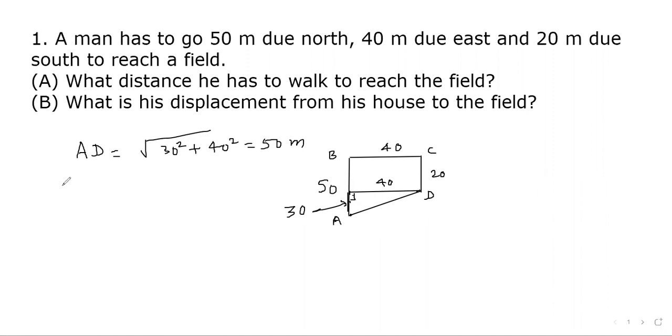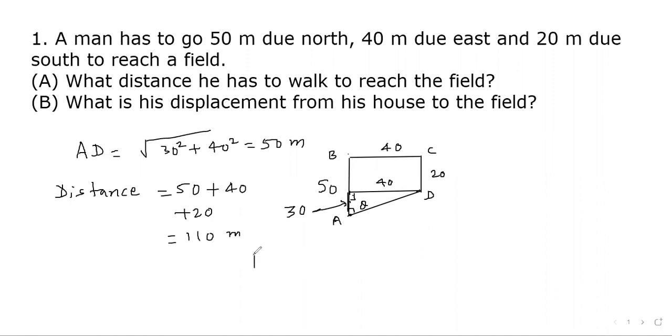And as far as distance is concerned, distance is the sum of the path covered. A to B is 50, plus B to C is 40, and then 20. So 90 to 110 meter. Now, if we want to find the angle, we can evaluate this theta.